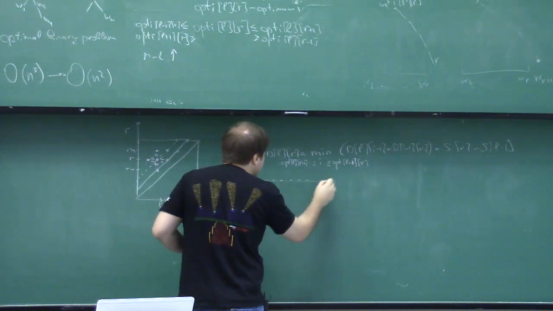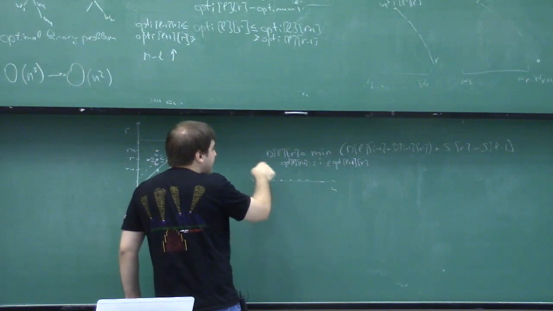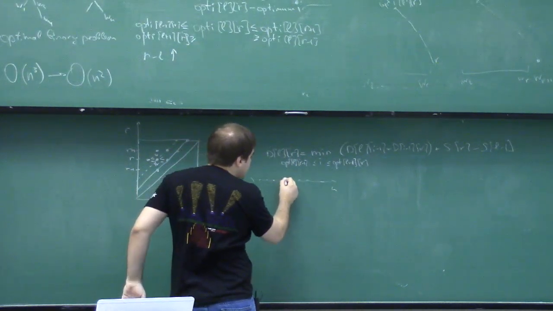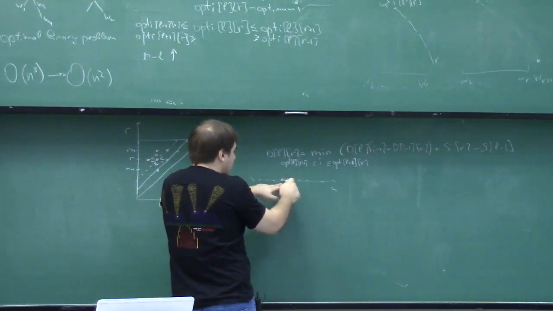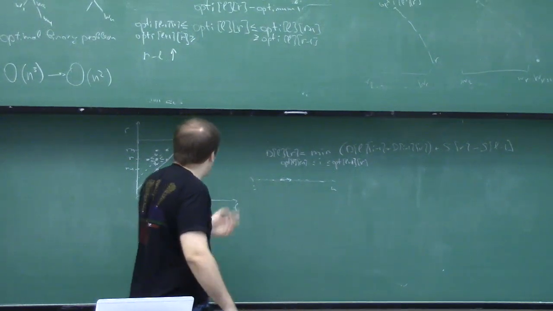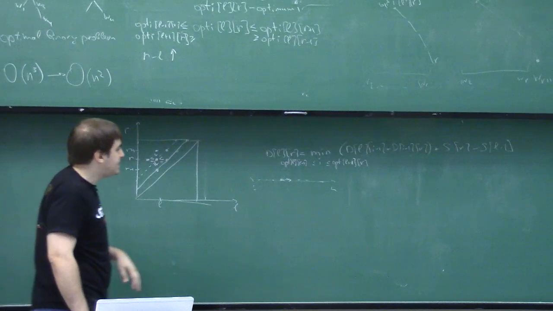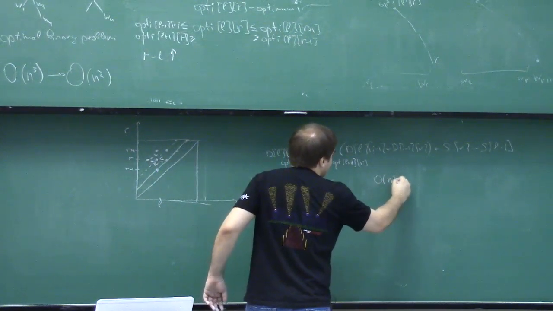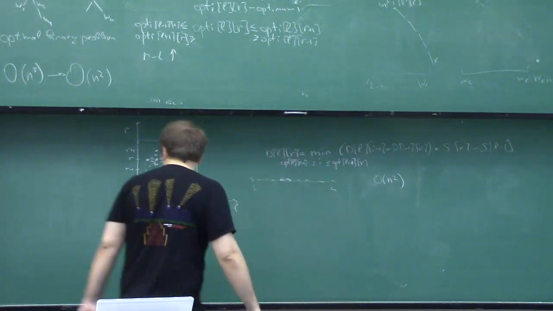Calculating a certain dp here requires iterating over the segment here. In total, the sum of lengths of all those segments is linear. It means that the whole running time will be O(n squared).